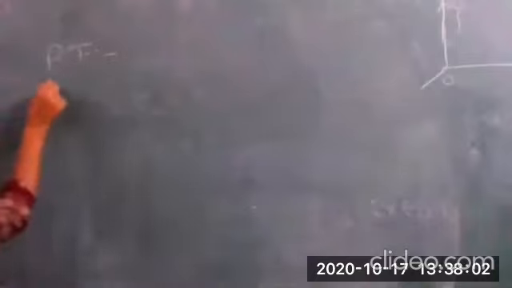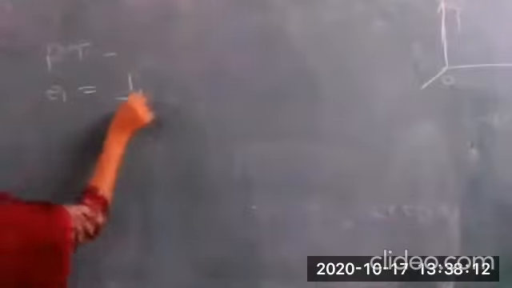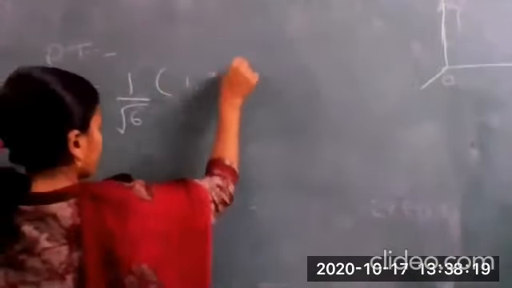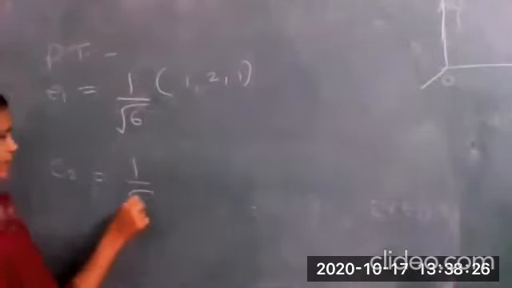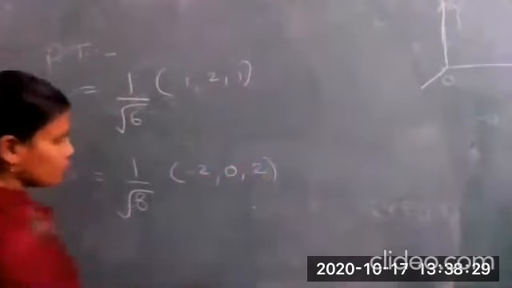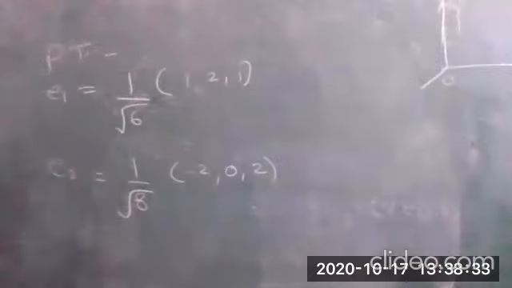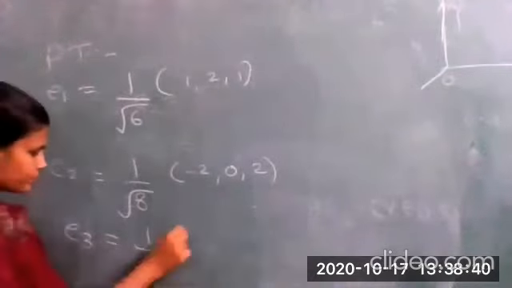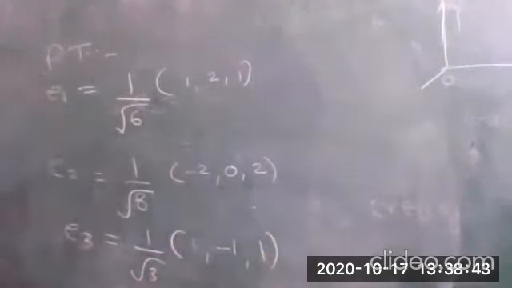Prove that the tangent vectors E1 is equal to 1 upon root 6 times (1, 2, 1), E2 is equal to 1 upon root 8 times (-2, 0, 2), and E3 is equal to 1 upon root 3 times (1, -1, 1).